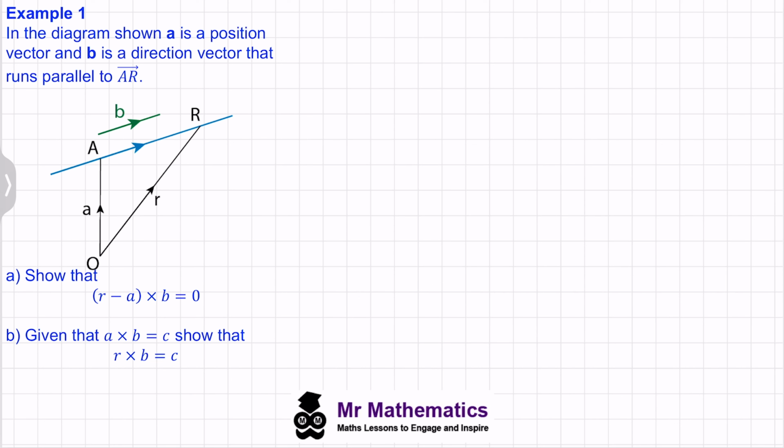Using these, because we know that b is parallel to AR, when AR is crossed with b we get 0.